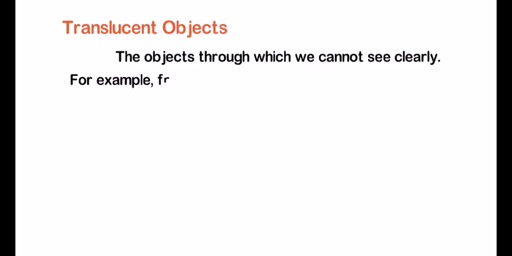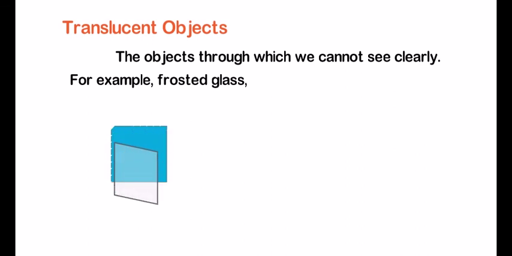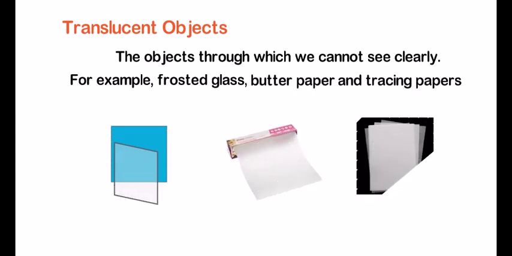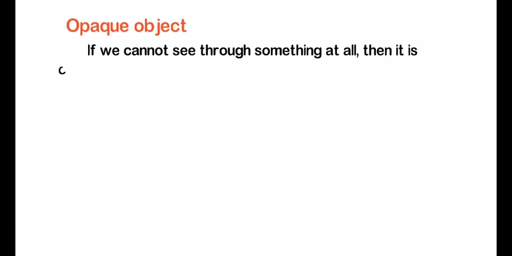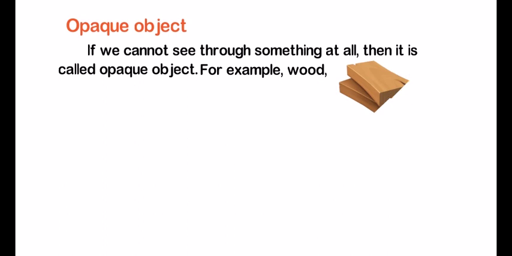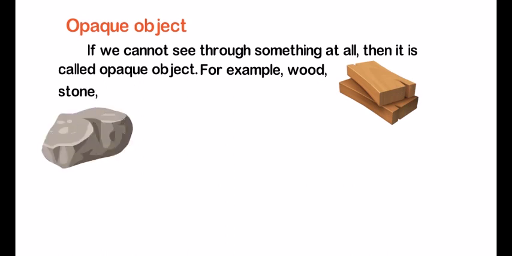For example, frosted glass, butter paper, and tracing papers are examples of translucent materials. Opaque objects. If we cannot see through something at all, then it is called an opaque object. For example, wood, stone, brick, etc.